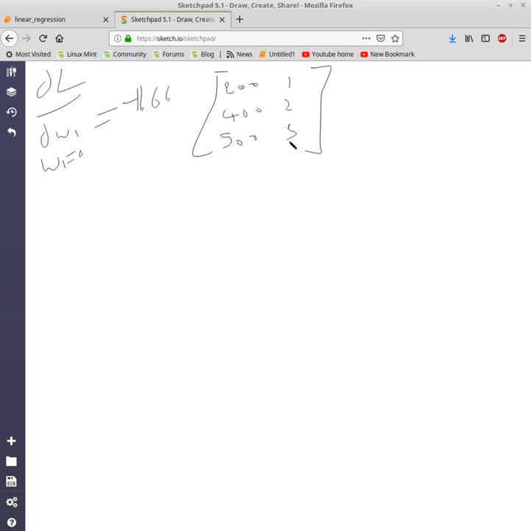And so we can calculate the full loss. We can calculate the actual loss as this. So this is just a change in the loss as we change W1.